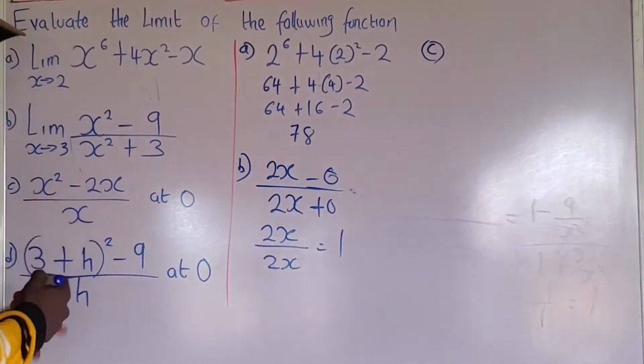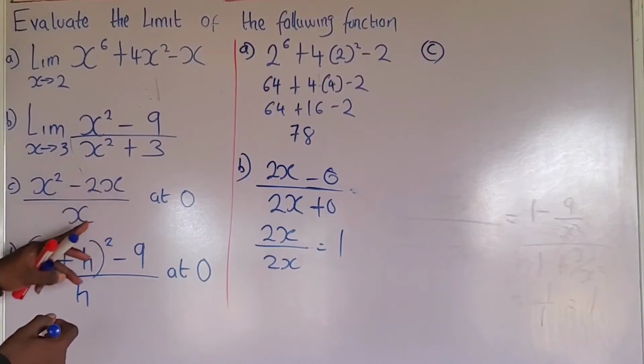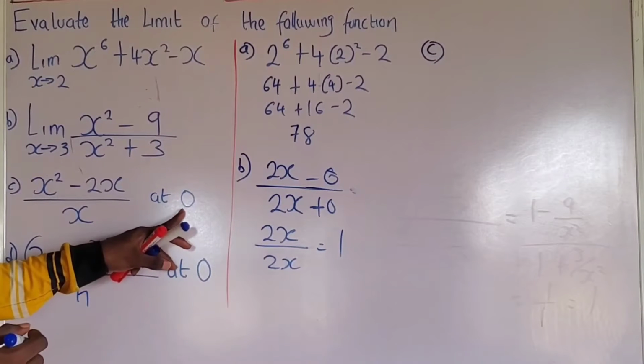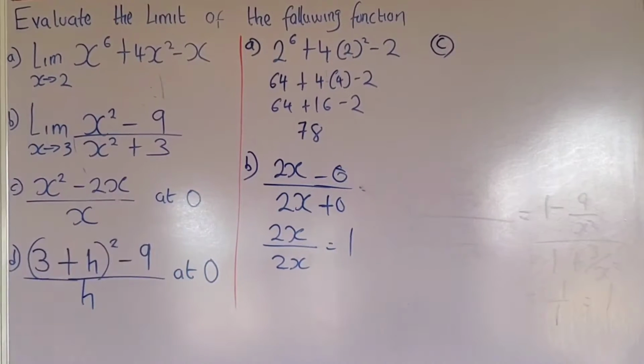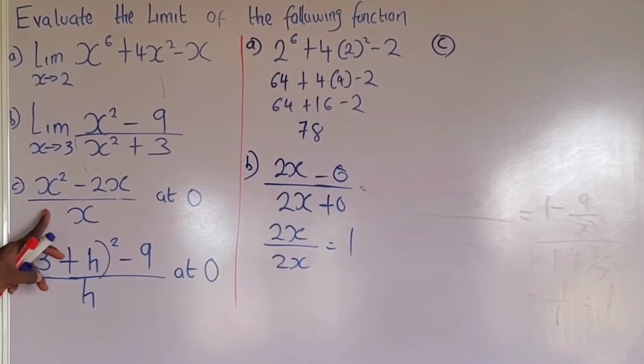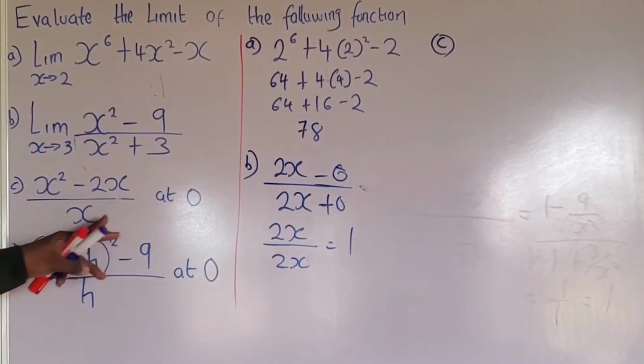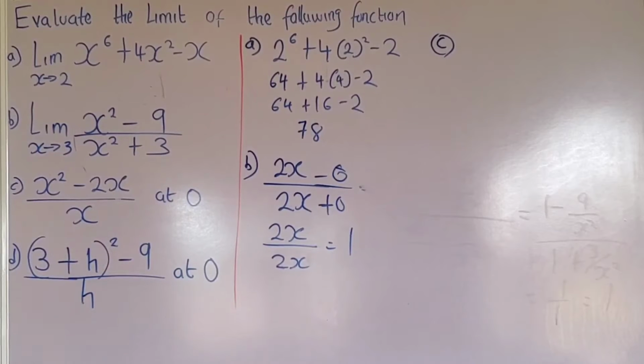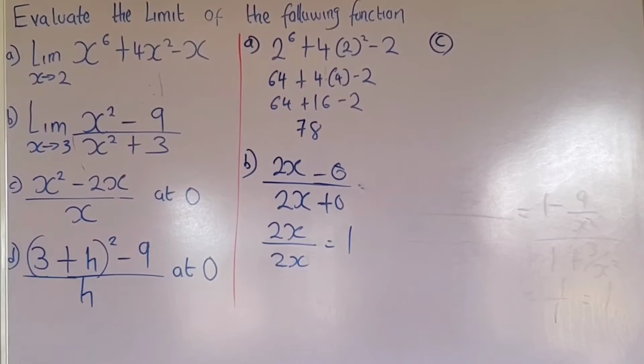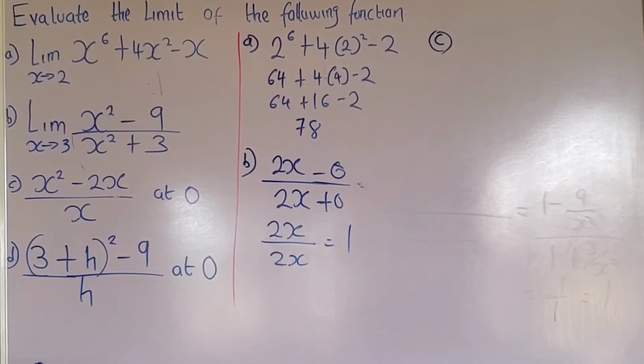Now for question C, we have the limit of x squared minus 2x all over x as x tends to 0. Now, if you use the direct substitution method, it's not going to work. The reason is because this will be 0 all over 0. You get what I'm trying to say? Now, we have to make use of L'Hospital's rule, which means we are going to differentiate both the numerator and the denominator, okay? So let us differentiate the numerator.